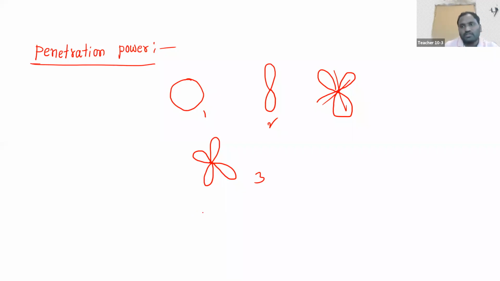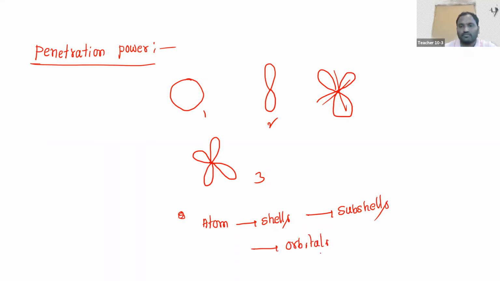See, students, an atom contains shells. Shells contain subshells. Subshells contain orbitals. Finally, orbitals contain electrons. So in which orbital is the probability of finding an electron maximum?